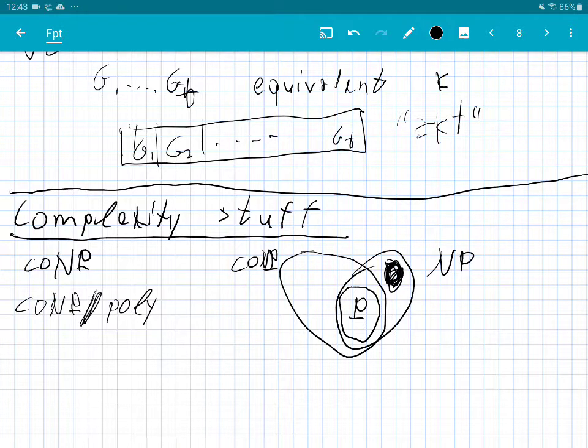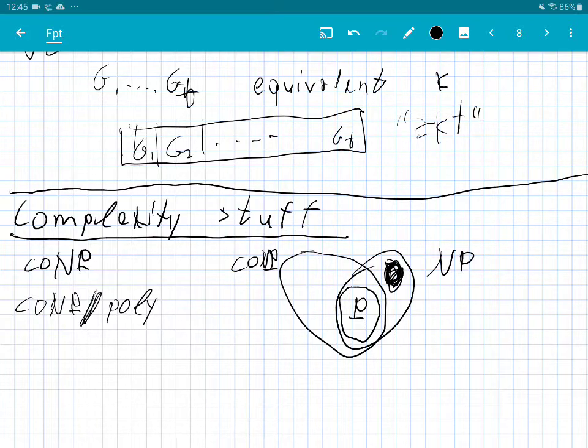Okay, so what this class really is, CoNP with a non-uniform model. For an input of size n, there is an advice string of polynomial size which you get for any input of size n. Now, non-uniformity doesn't help you much, but it gets you something.